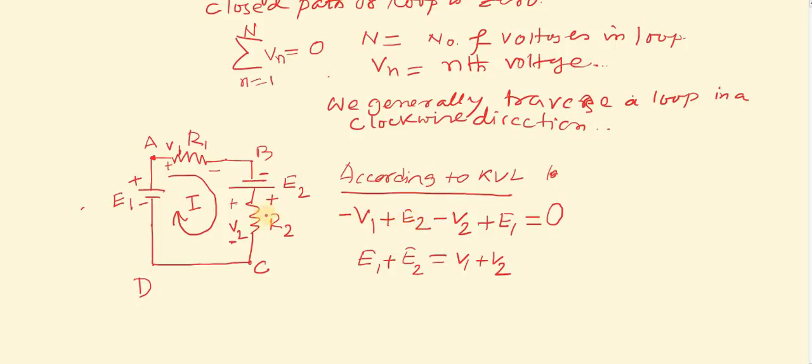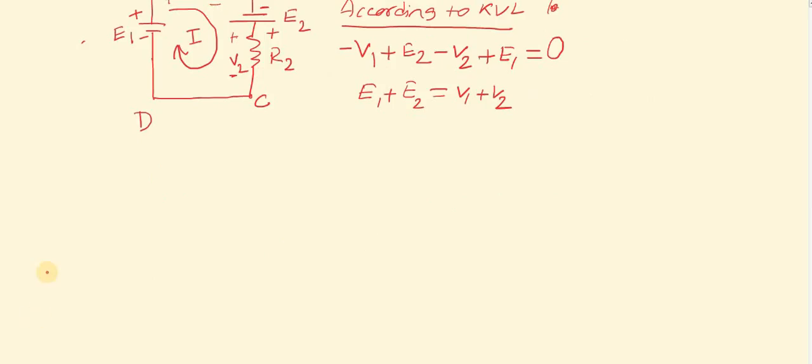Likewise, this is negative and this is positive. So this is the sign convention and the writing process of KVL. That was all about KCL and KVL.